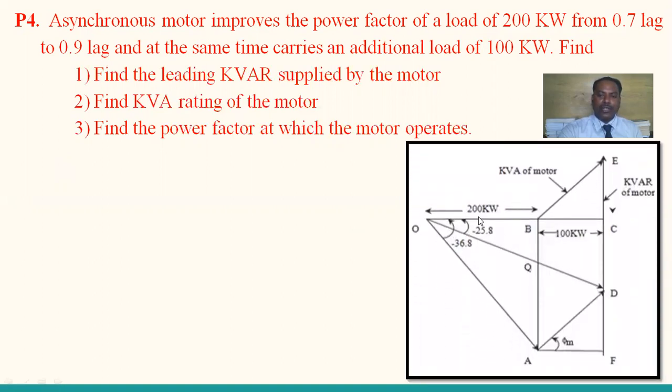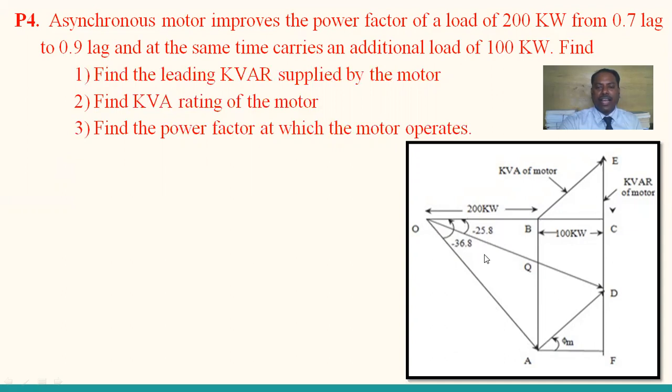This phasor diagram is also helpful to understand the earlier problem. Let us concentrate on this one. The initial load on the system is 200 kilowatts, and the power factor is 0.7. So cos inverse of 0.7 becomes 36.8 degrees. Since the power factor and the real power are known, you can easily draw the reactive power, and once the reactive power is known, you can calculate the apparent power with an angle of minus 36.8 degrees.